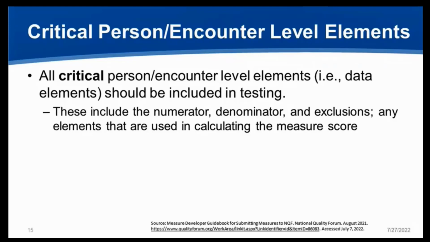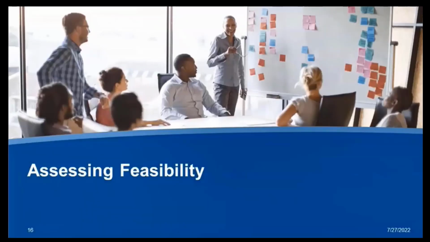In addition to kappa, sensitivity, specificity, positive predictive, and negative predictive values are also useful to generate where mismatches occur. So that is a few words about person/encounter level elements. I'm happy to pass it off to the next speaker, on feasibility. Thank you, Sam.